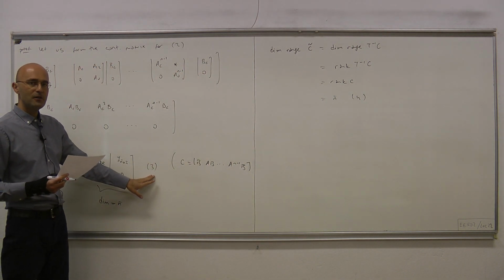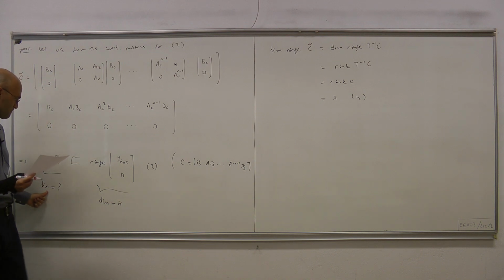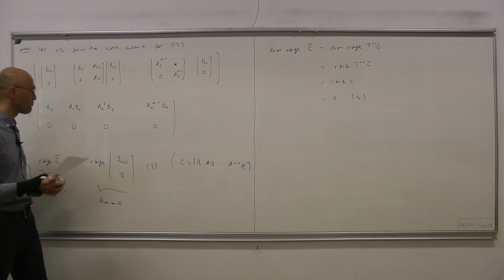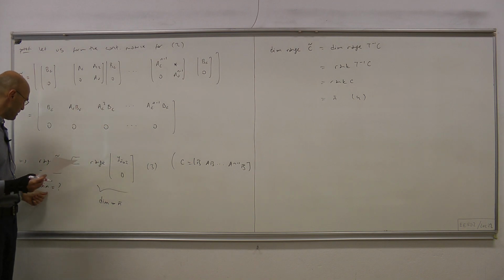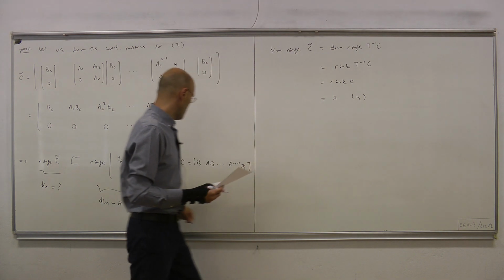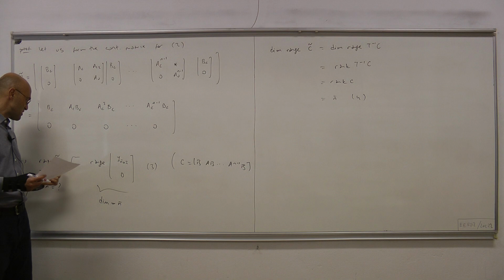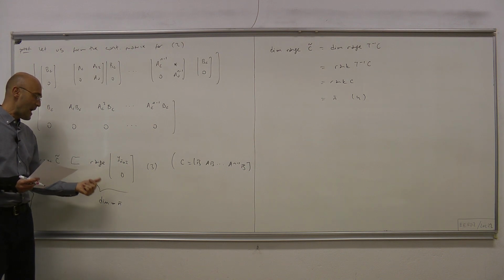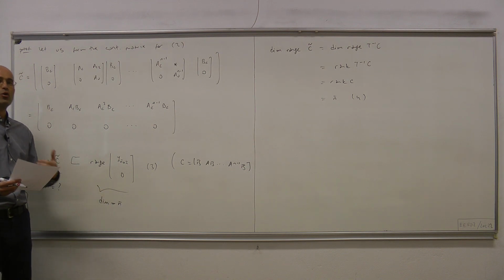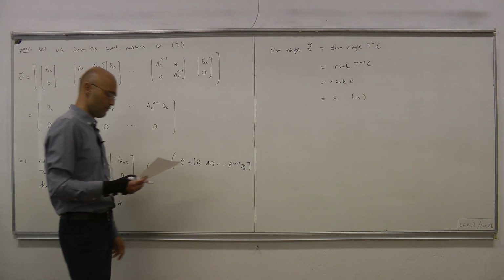Now let's combine relation 3 with equation 4. Here we have the following subset relation, and we have just figured that the dimension of this subspace must be n bar. So we have two subspaces. One is a subset of the other, and both have the same dimension. That's only possible if both those subspaces are equal.